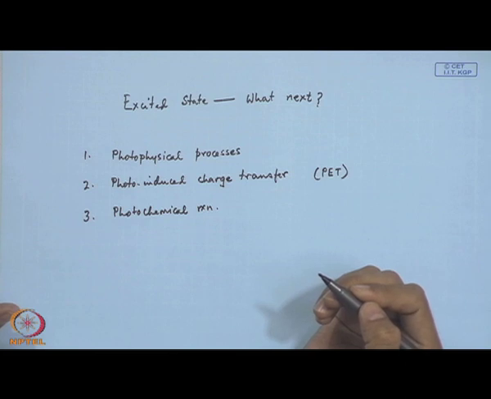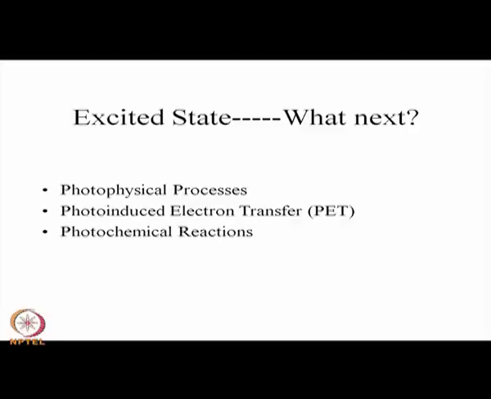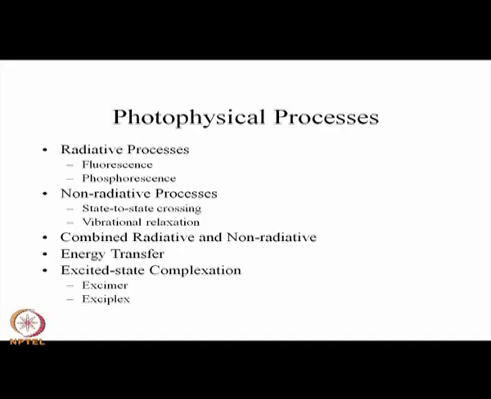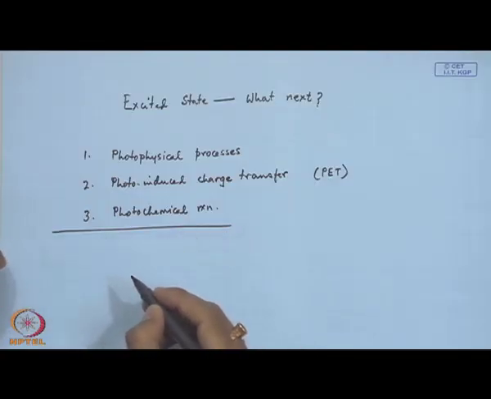So, let us start with the photophysical process. What is photophysical? As I discussed in my last lecture, photophysical processes can be radiative or non-radiative. Once the excited state is created, two things can happen separately.